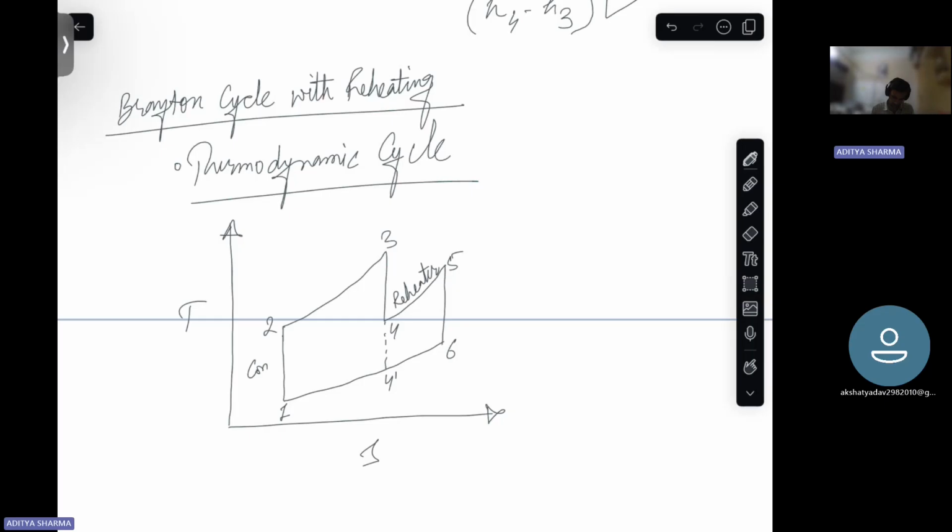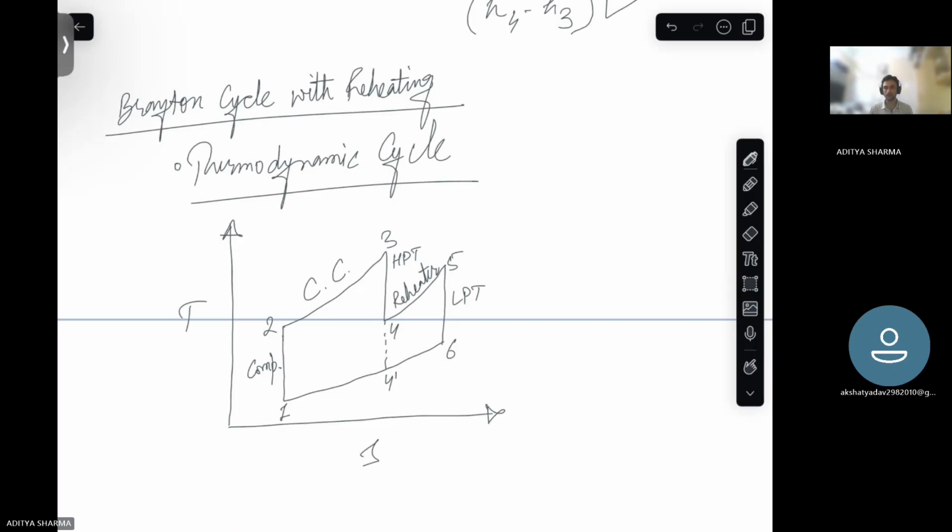This is your compressor, combustion chamber, reheater, high pressure turbine, low pressure turbine. So we split the expansion of the products of your combustion, that is coming out of combustion chamber, into two turbines.